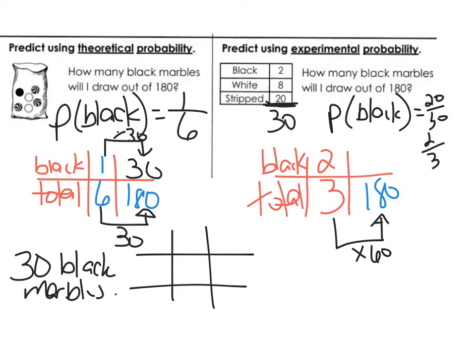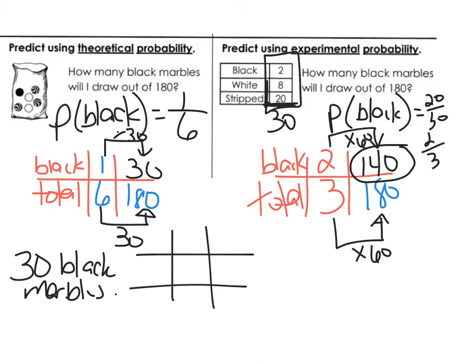Times 60. So 2 times 60? So that means there's going to be 100. Wait, we did it wrong. Because it was supposed to be 2 out of 30. Do you guys see that? Black marbles. We were thinking striped marbles yesterday.